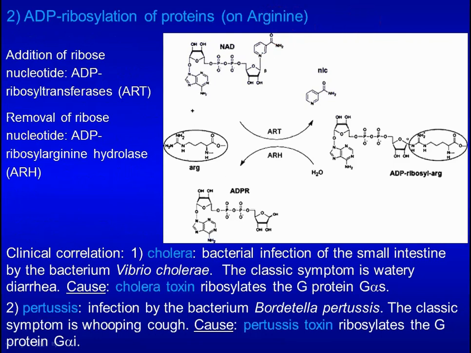This has clinical correlation. For example, cholera toxin, produced by the bacterium Vibrio cholerae, ADP-ribosylates the G protein Gs, leading to watery diarrhea. Pertussis toxin, produced by the bacterium Bordetella pertussis, ADP-ribosylates the G protein Gi, leading to whooping cough.